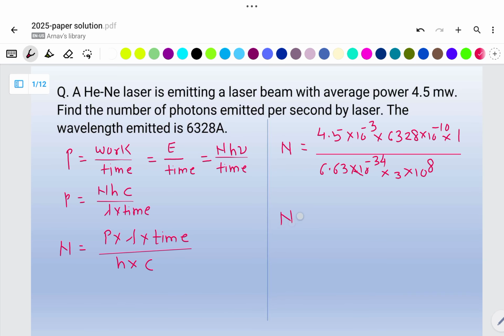Now when we calculate, we'll get the number of photons, which is large, 1.431 into 10 to the 16.